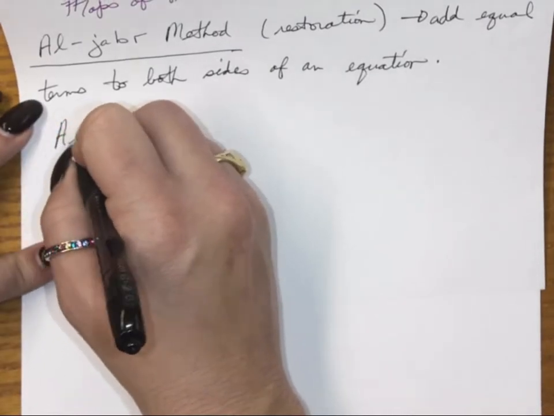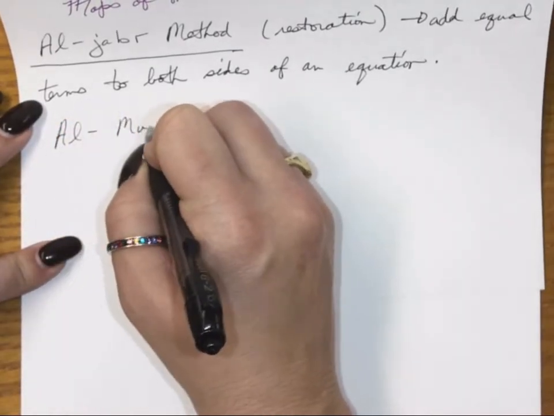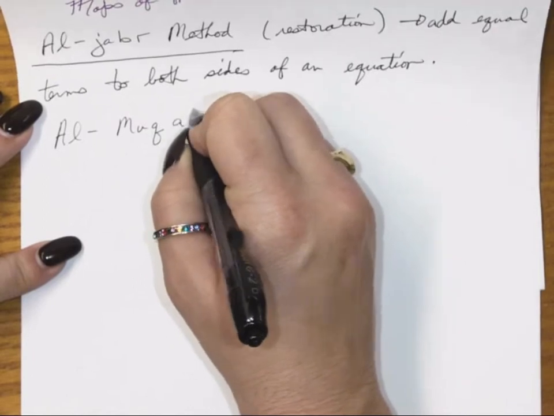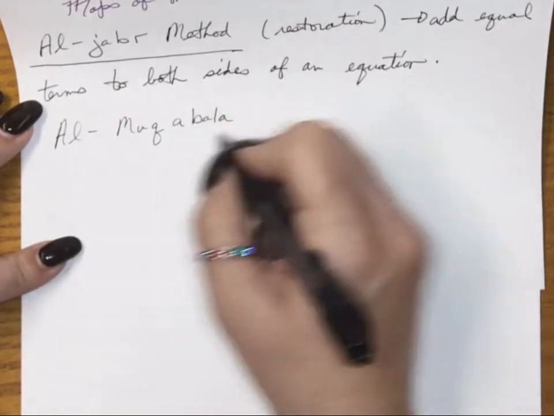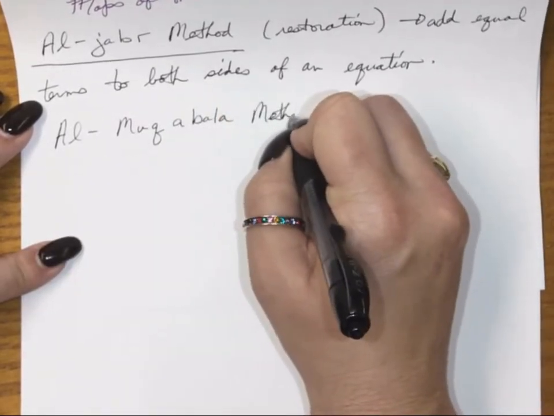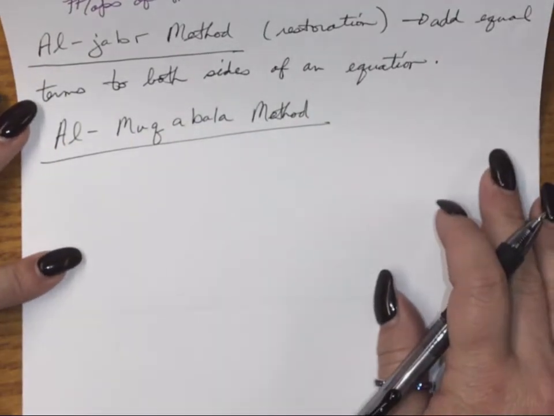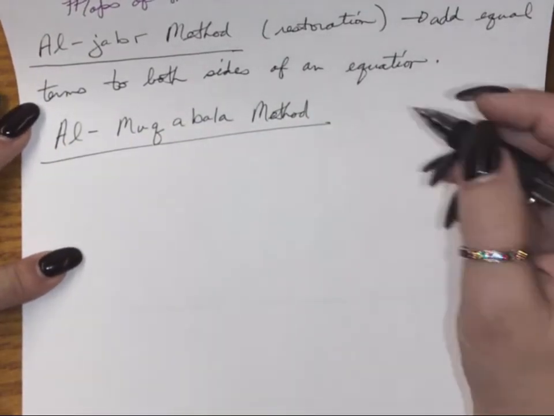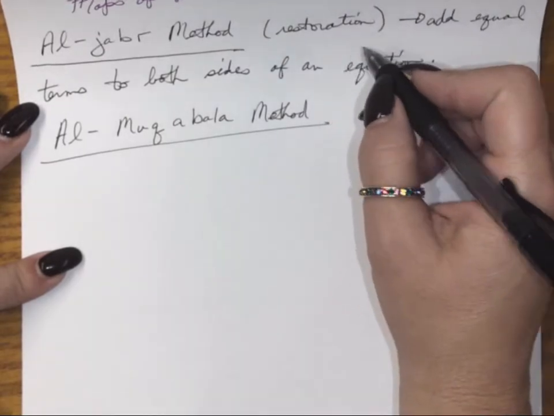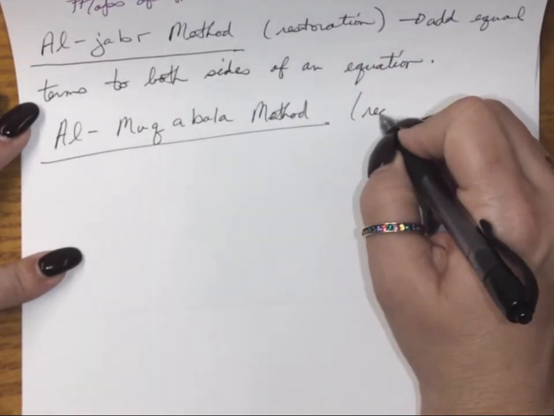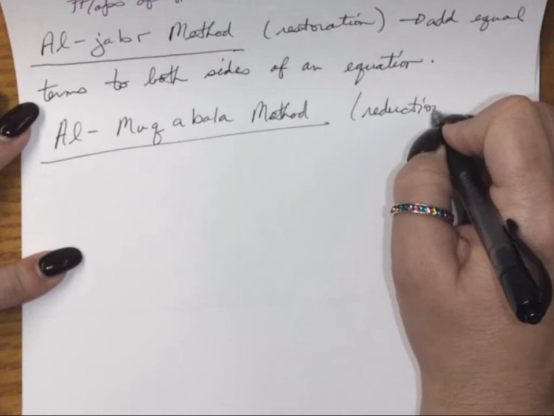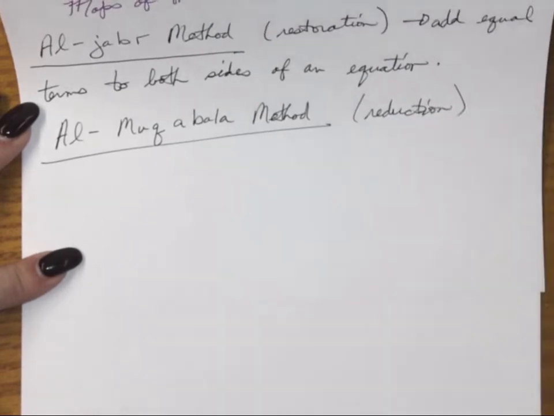And then there's this guy, A-L-M-U-Q-A-B-A-L-A, the Al-Muqabala method. If this one up here is restoration, then this one down here is often called the method of reduction. Okay, so think about that.